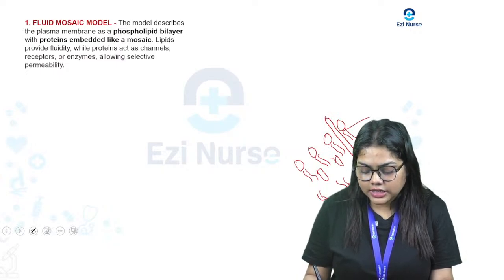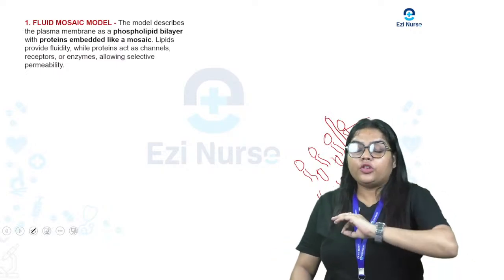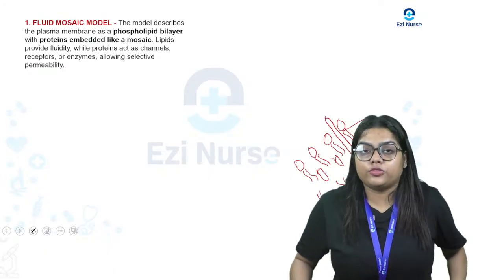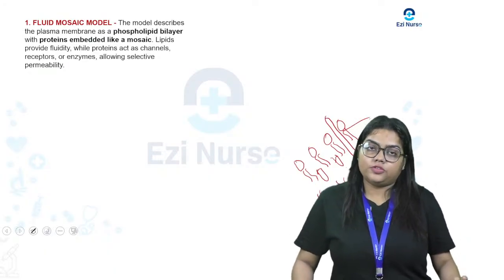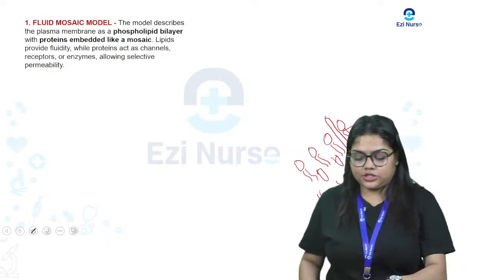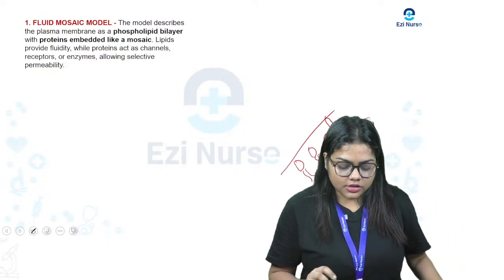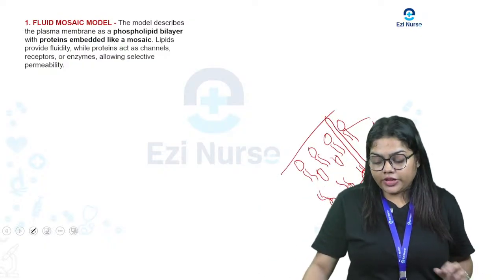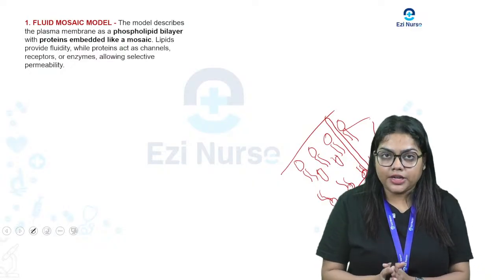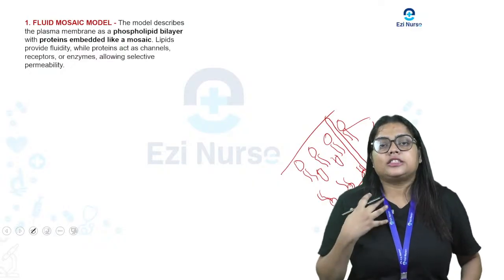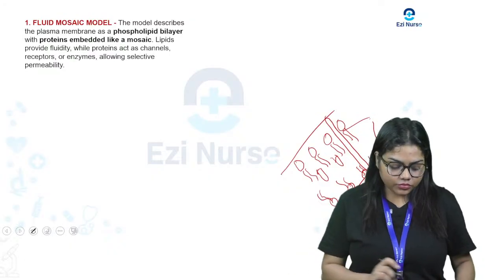These things are called bilipid. If you zoom in with a powerful microscope, the cell membrane will look like this. In between that we have bilipids and proteins, with which the cell membrane is actually made.